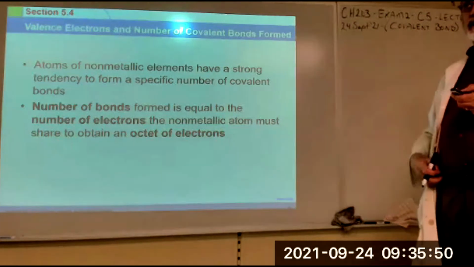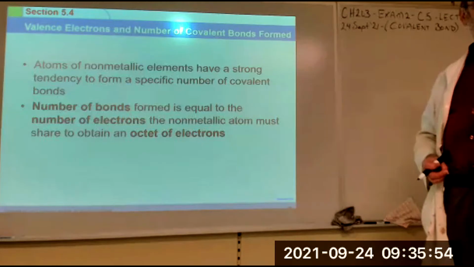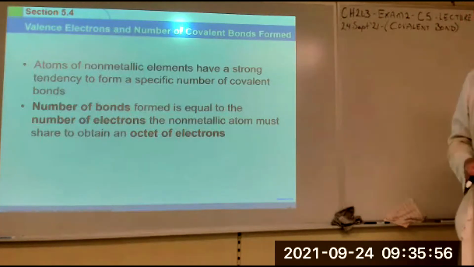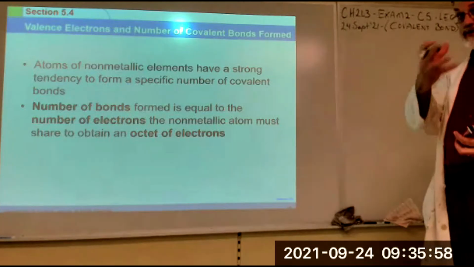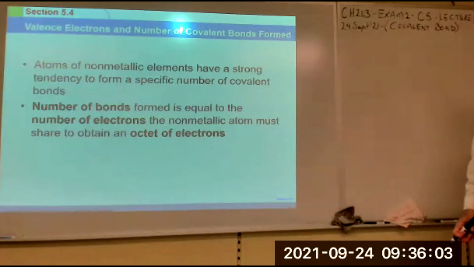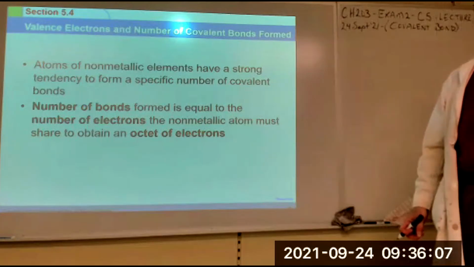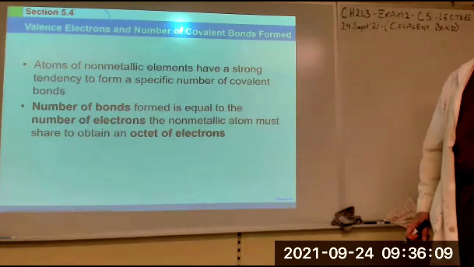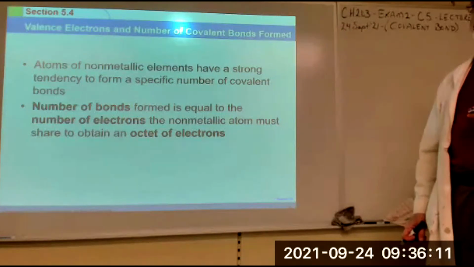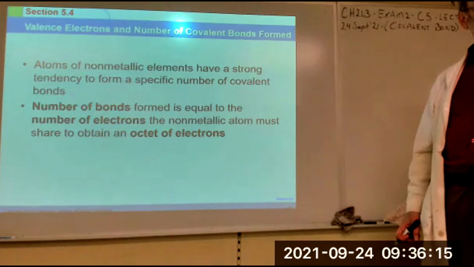If you combine it with any metallic element, you're going to get a violent reaction because it's going to tear those electrons away. It's just dragging them away. And the reaction is extremely exothermic. But if you try to combine nonmetals, everybody up in this upper right-hand corner, they have pretty high electronegativities.